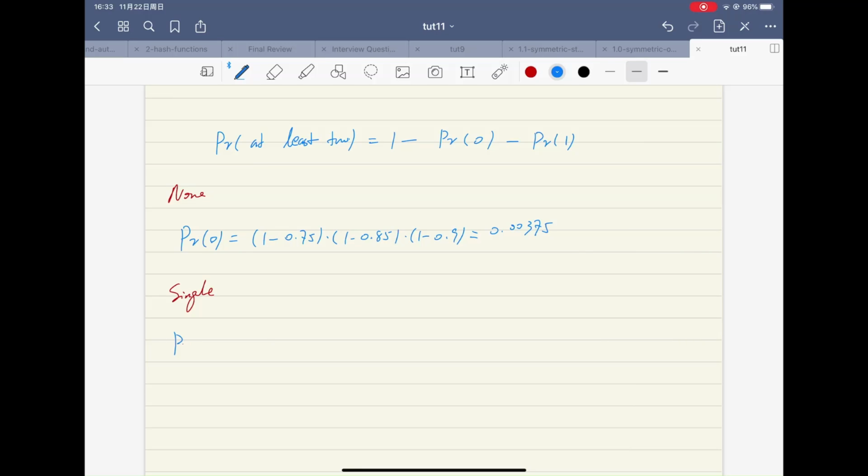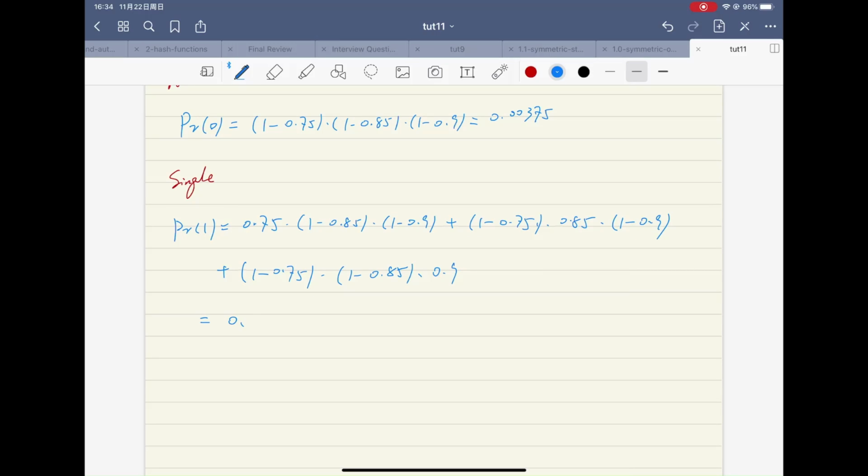So the probability of 1 equals 0.75 times 1 minus 0.85 times 1 minus 0.9, plus 1 minus 0.75 times 0.85 times 1 minus 0.9, plus 1 minus 0.75 times 1 minus 0.85 times 0.9.